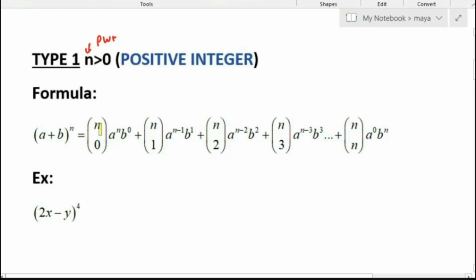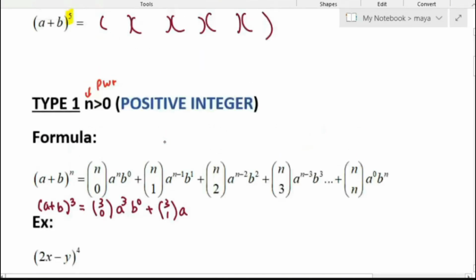So we can look back at how we use this formula. Like just now, I already showed you how to expand (a + b)^3. So n choose 0 means 3C0, and then a to the power of n, what's your n? n is 3. And then b^0, plus here will be 3C1. Start looking at your expansion.